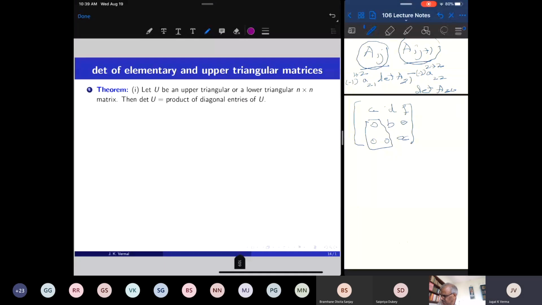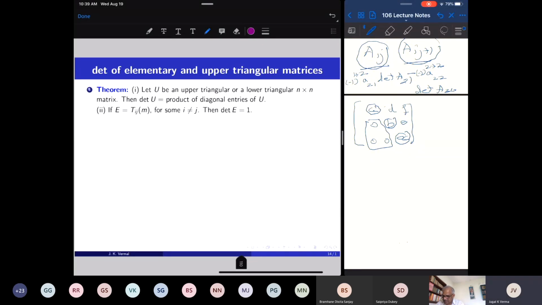So I look at the entries on the principal diagonal. Then what it says is that determinant is the product of the diagonal entries. So let us prove this, but let us also state the results about elementary matrices.